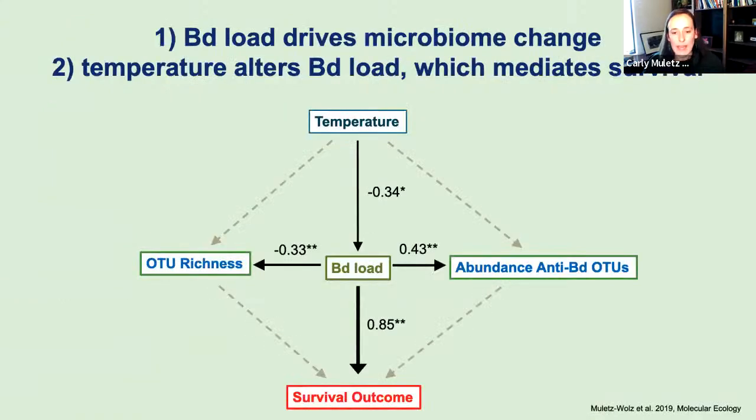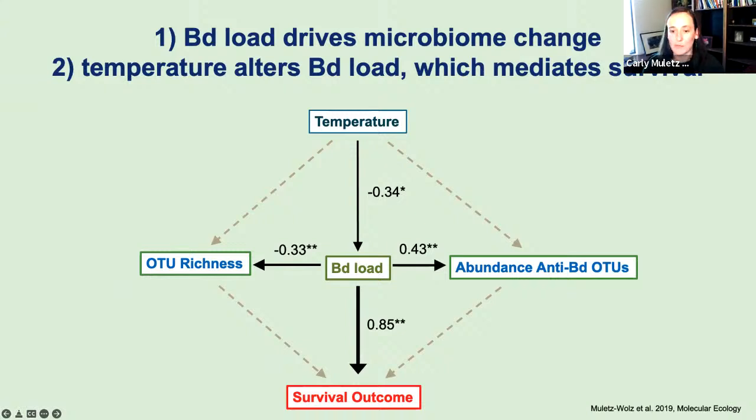And in this case, in an epidemic, what we found was that BD load is driving microbiome change. So it's driving a decrease in species richness and an increase in the abundance of these BD inhibitory bacteria. So there is some indication that BD load is a selective pressure that is increasing these BD inhibitory bacteria, that maybe at endemic stages is leading them to be increased.